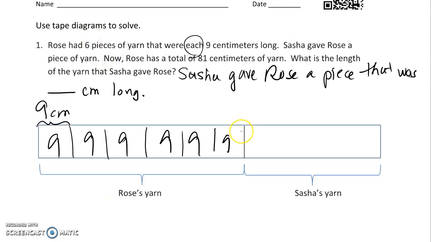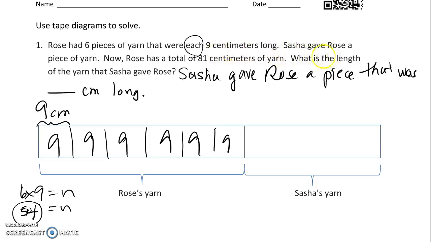So how much yarn does Rose have? Well, 6 times 9 equals n. What is 6 times 9? Well, 6 groups minus 1 gives me 5 for my tens digit, and 5 plus 4 is 9. So she's got 54 centimeters right now.